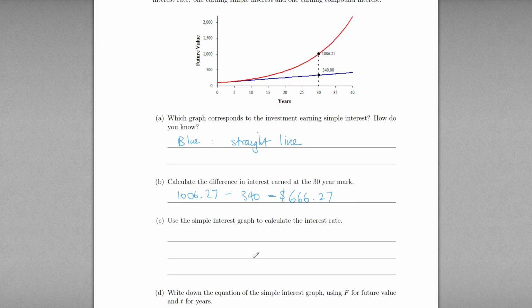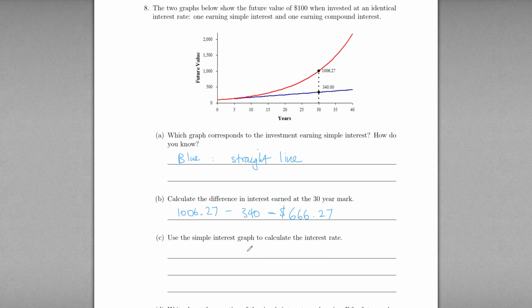Now I use a simple interest graph to calculate the interest rate. So the interest rate has to do with gradient. That's the first thing. Okay, this is related to that idea of gradient. So what is the gradient of this line? Well, in 30 years, I might not draw the line, it's a bit too shallow. So in 30 years, it's gone from $100, which is that initial investment, so maybe I'll label that there at least. This thing here must be $100.